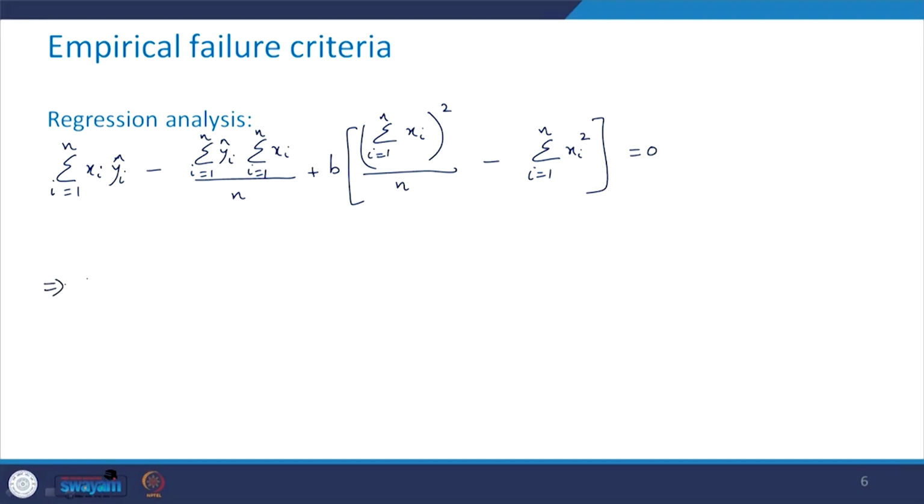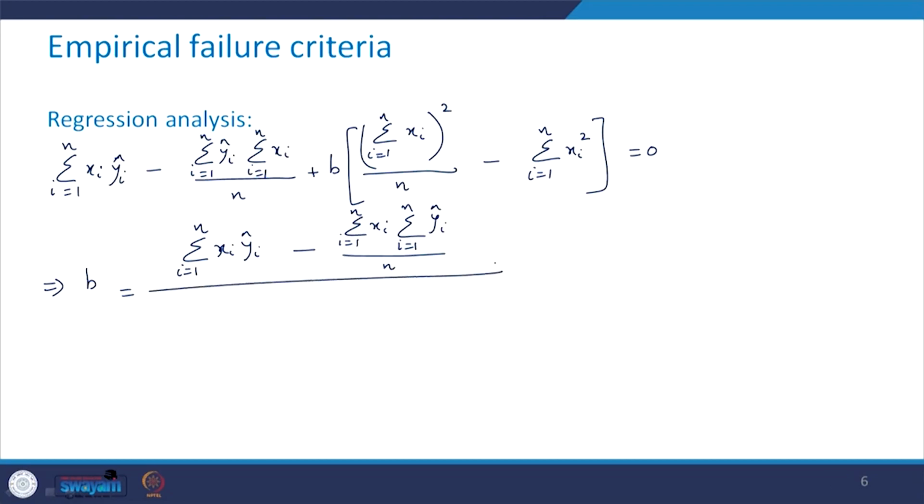So from here one can obtain the expression for b as summation xi yi cap minus summation xi into summation yi cap divided by n, and this whole thing divided by summation xi square minus summation xi whole square divided by n.